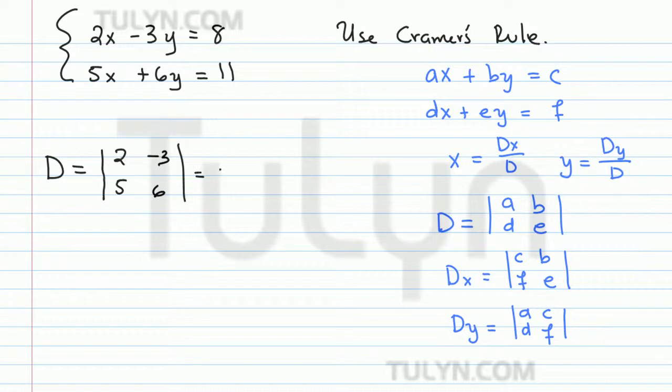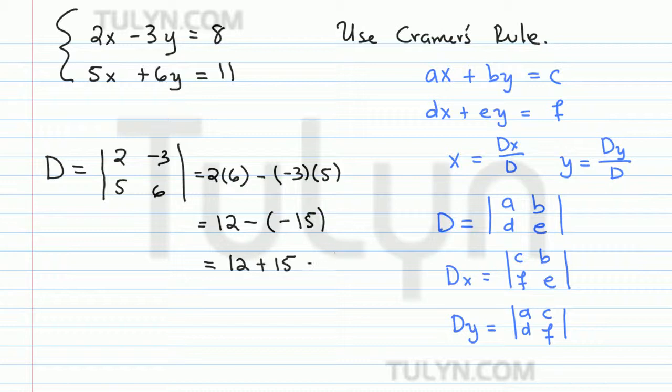So you cross multiply 2 and 6, and you subtract the cross multiplication of negative 3 and 5. So using PEMDAS, let's do the multiplication first before we subtract. So 2 times 6 is 12, minus negative 3 times 5, which is negative 15. So this becomes 12 plus 15, which is 27. So now we have D is equal to 27.